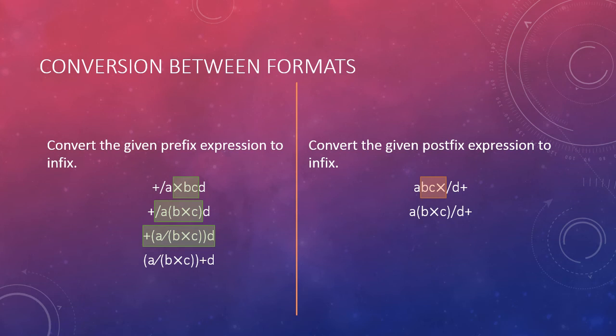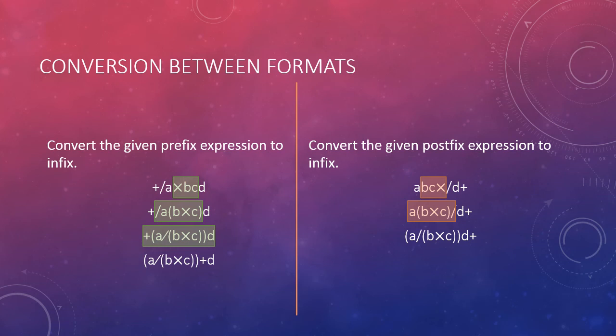Divide is an operator. So this is the pattern that I desire. This can be written as A divided by B into C. Again, I enclose the converted infix into a bracket so that I consider it one full operand.